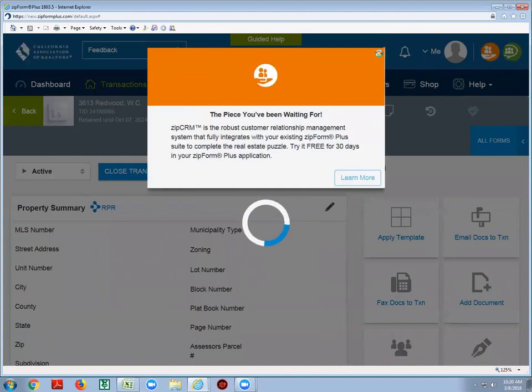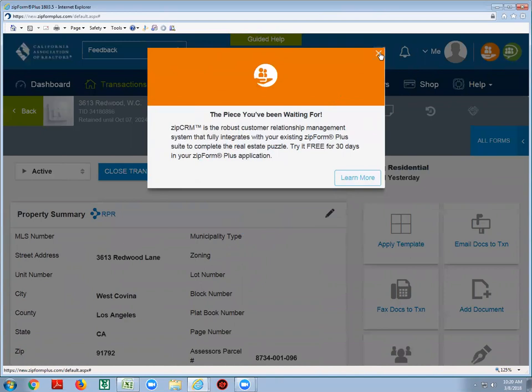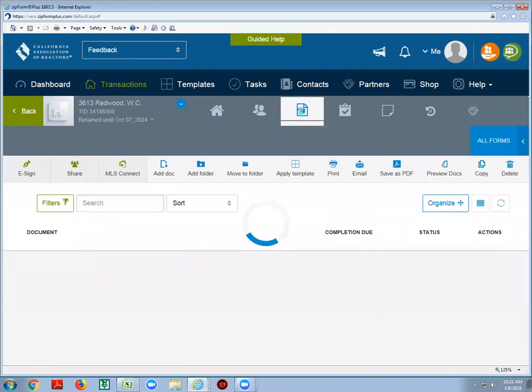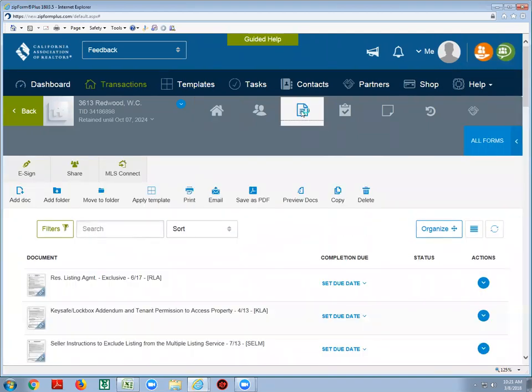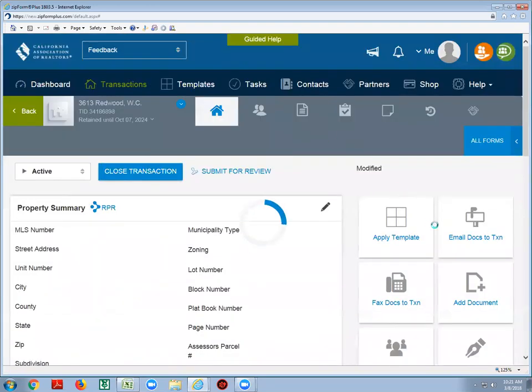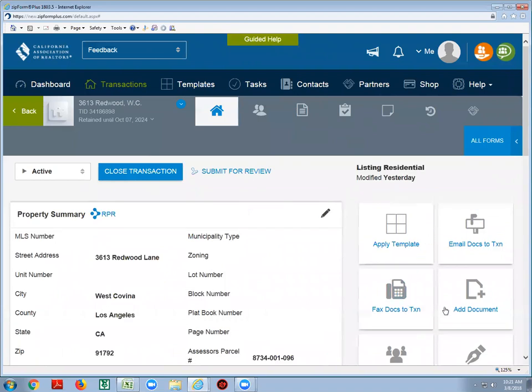Let me go ahead and add the form and print it, because I remember this deal doesn't have one. Let's go back. Adding a form, a template.